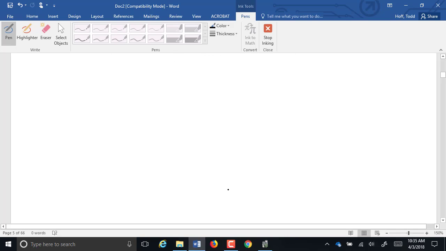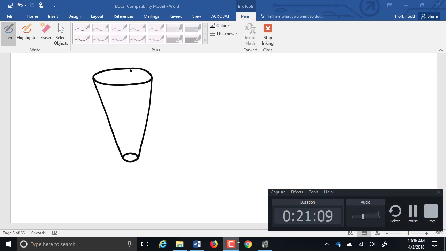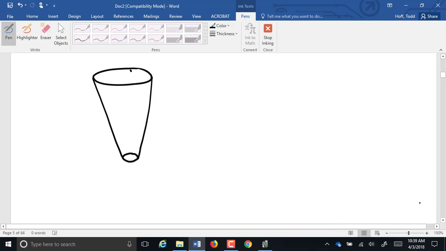Let's take a look at some examples, guys. Here we go. So we're looking at a tapered table leg. Tapered means it's round, has a larger diameter on one end and smaller diameter on the other end. Right, gentlemen?